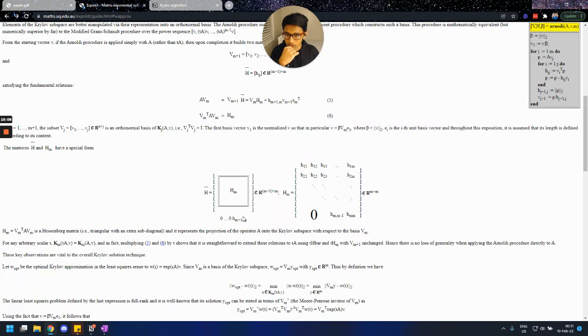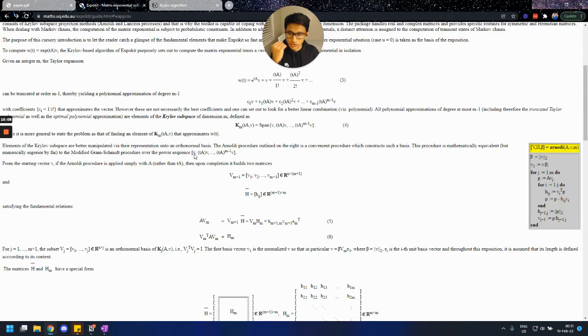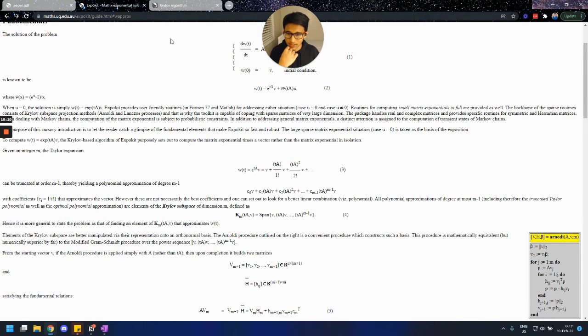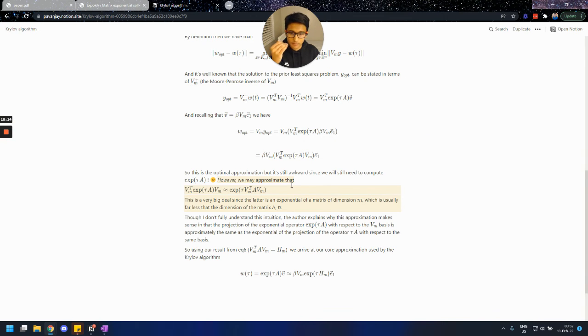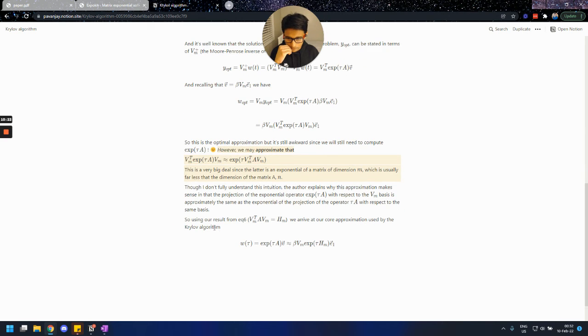And the author actually says that usually, if you're dealing with sparse matrices A, n can range on the order of thousands, and m is capped at 30. So this is a drastic difference in the computational time it takes to evaluate these two matrix exponentials.